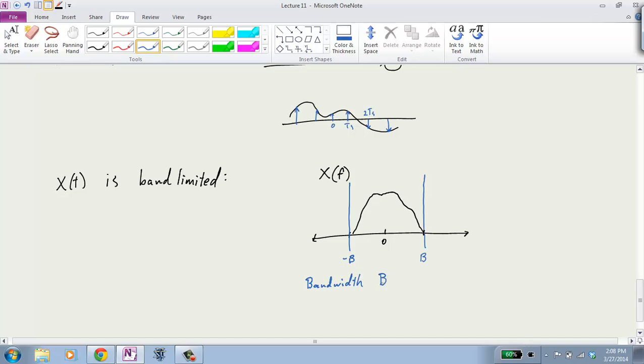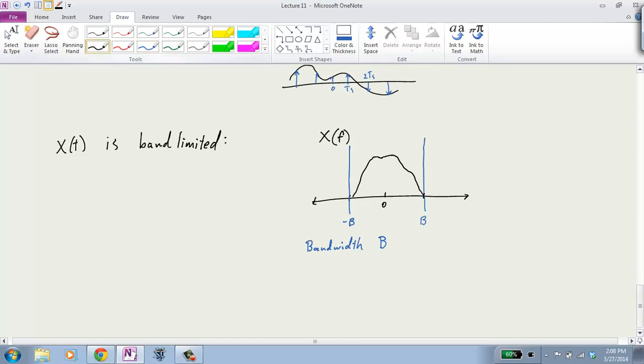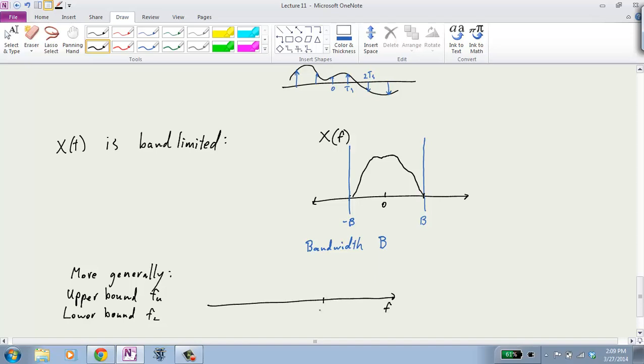Now, there's a more general way to think about bandwidth. I'm here just saying that the spectrum has an upper bound on its frequency. But you could say, more generally, let's say there's an upper bound FU and a lower bound FL, and the whole spectrum lives in this range.